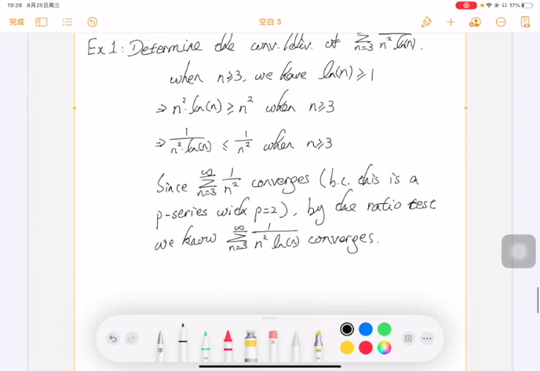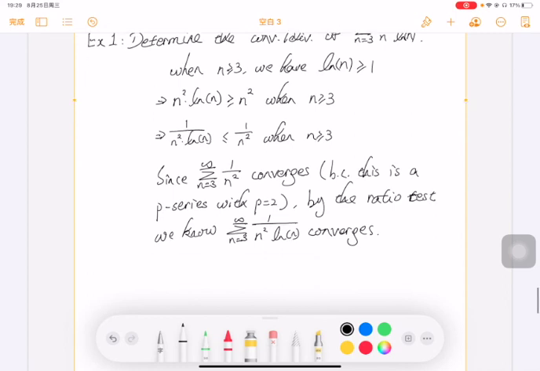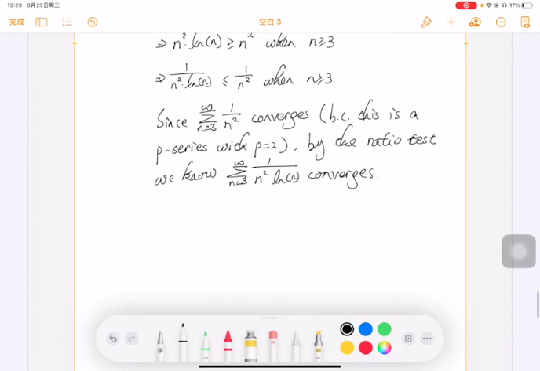Right, because in this case our series An, the sum of An, is the sum of 1 over n squared times ln of n, and our series Bn is the sum of 1 over n squared. And since we know that the series Bn, 1 over n squared, is convergent, and each term An is smaller than or equal to Bn, then by the comparison test, the original series, the sum of An, converges as well.